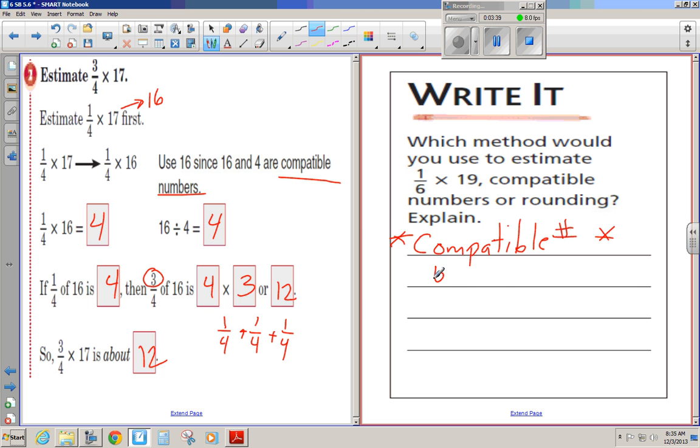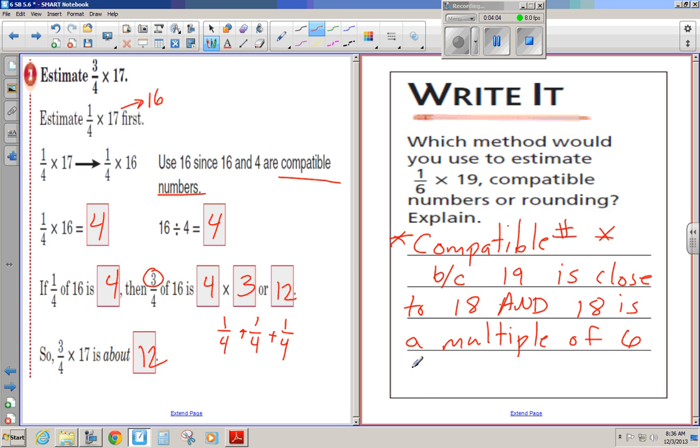I'm going to say because 19 is close to 18 and 18 is a multiple of 6.